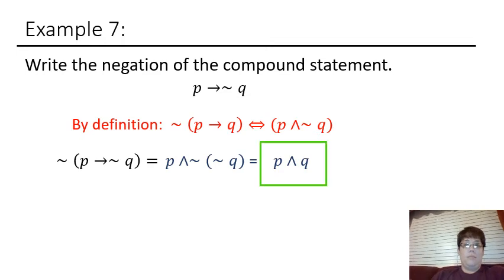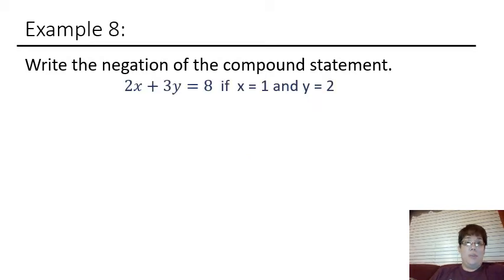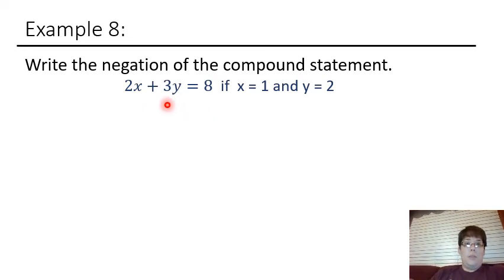Okay, that's it. Now let's take a look. I'm sorry, we have to do more examples. All right, let's look at another example. Example 8. We're going to write the negation of the compound statement, and this is a mathematical statement: 2x plus 3y equals 8 if x equals 1 and y equals 2.